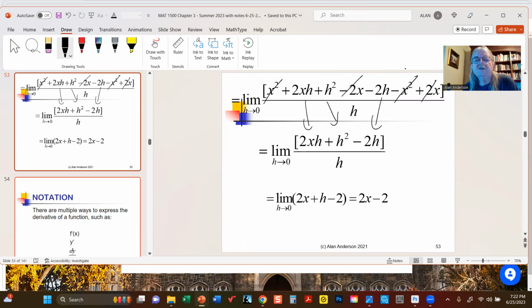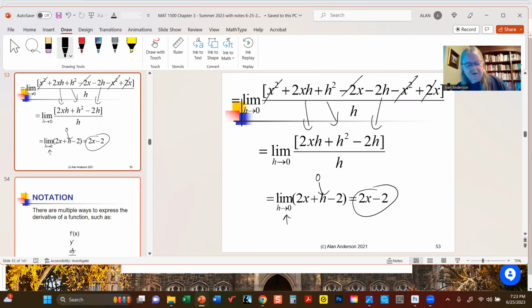We're left with very simply 2x plus h minus 2. And as h goes to 0, this just goes to 0, and we end up with 2x minus 2. And that, again, is the derivative of that function. We can find the tangent line slope at any point for any x.